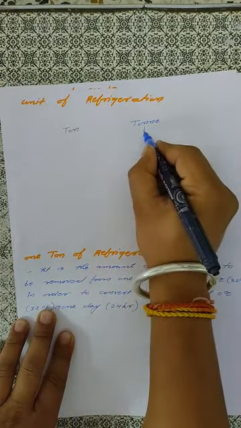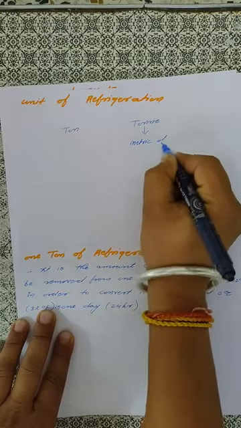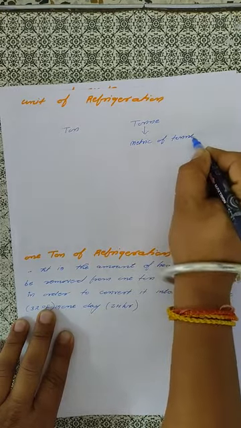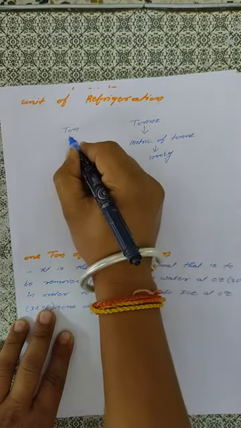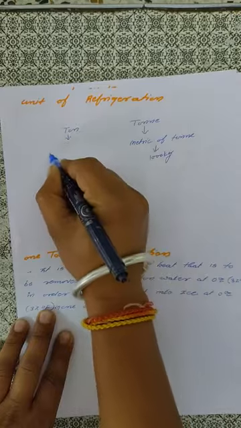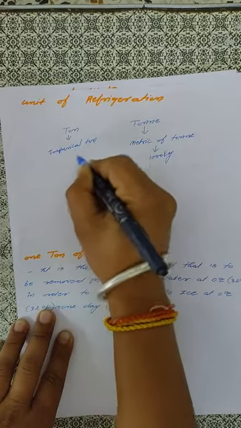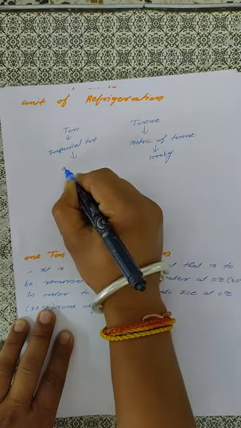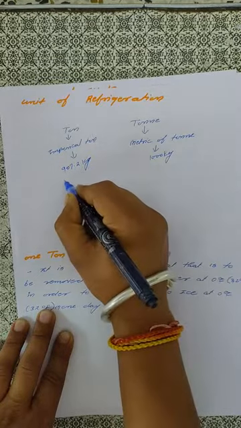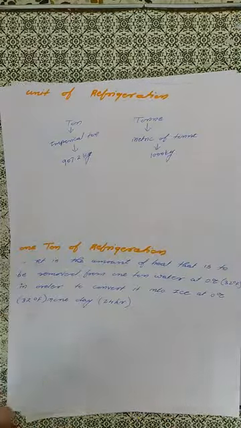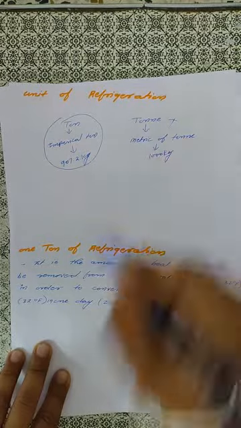This TONNE is the metric ton, which is 1000 kg. But this TON is called the empirical ton, and its weight is 907.2 kg. For defining refrigeration, we are using this ton, not the other.